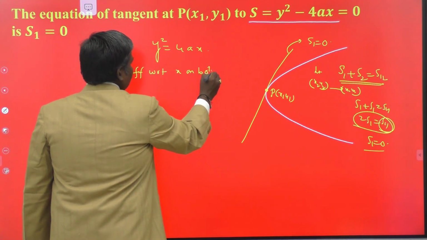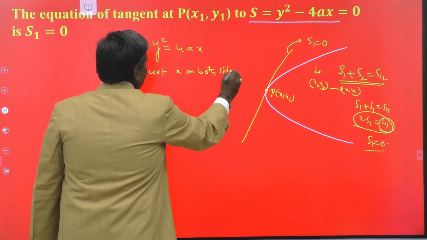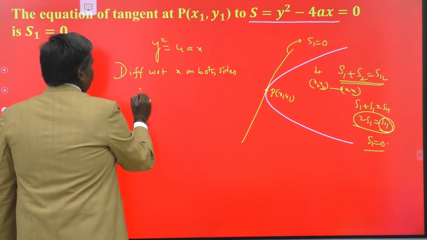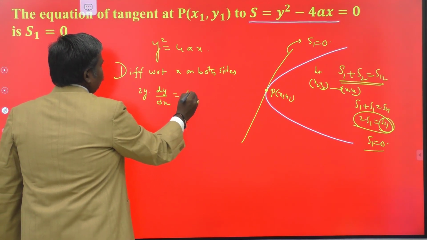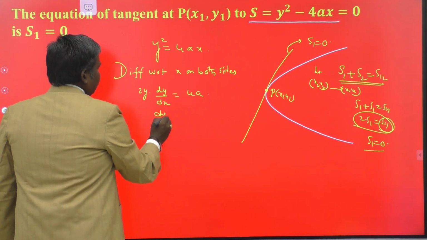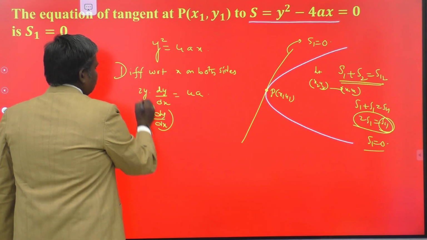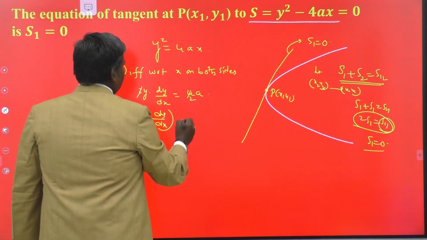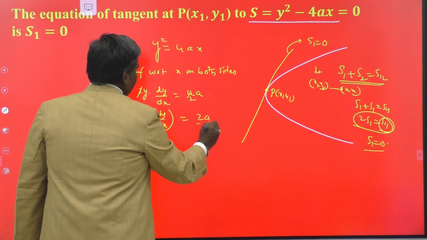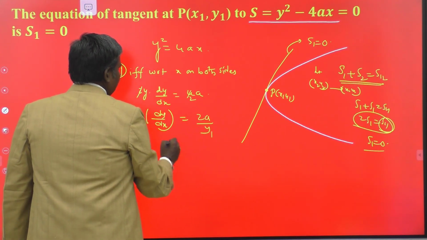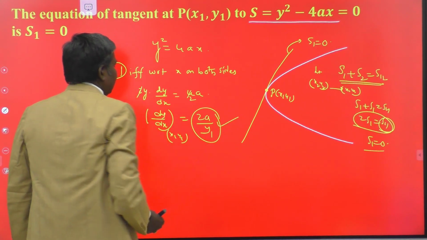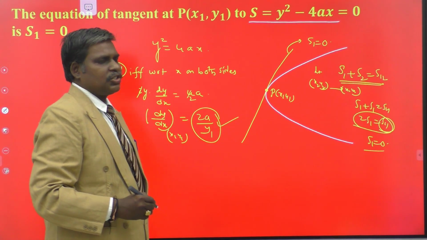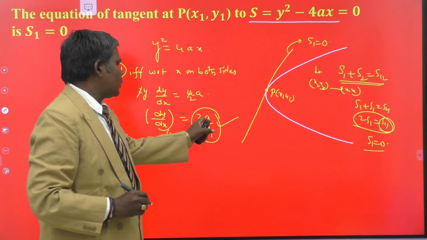What do we get? 2y dy/dx = 4a. So what is dy/dx? That is 2a/y, and at (x1, y1) it is 2a/y1.